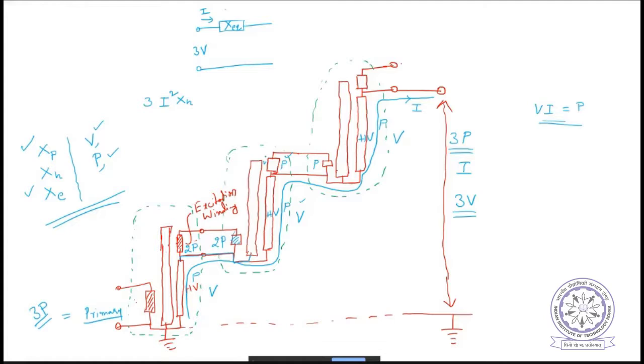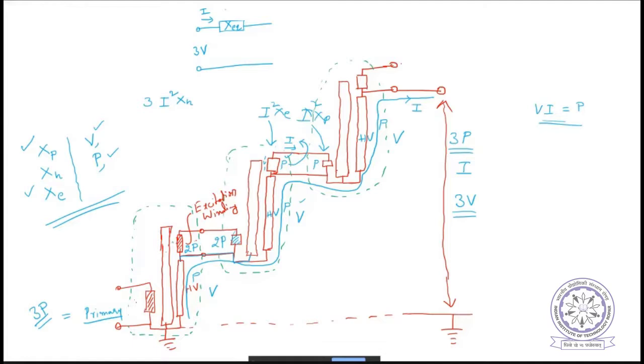So here, if you fix this to voltage V, then the current will be I only, because the power handled by this is P. Therefore, in this loop, I square XE is this winding, and I square XP is due to this winding. But consider this winding.